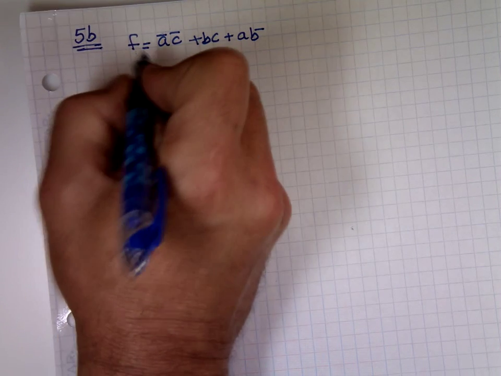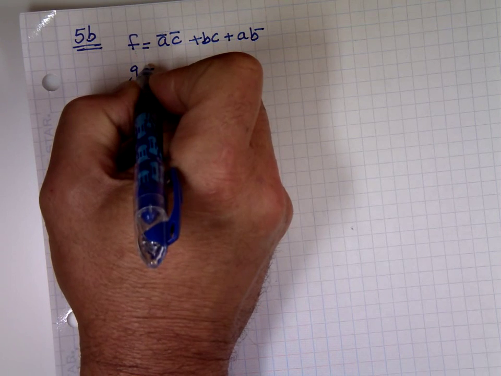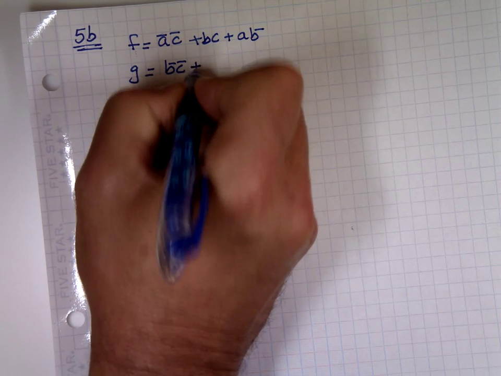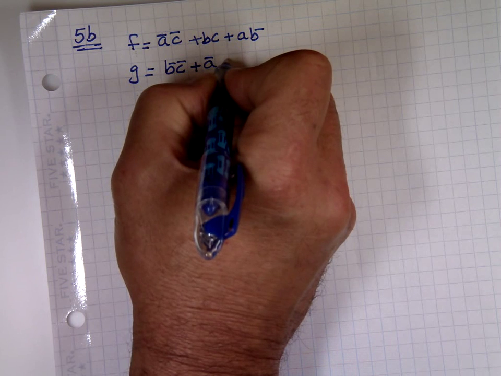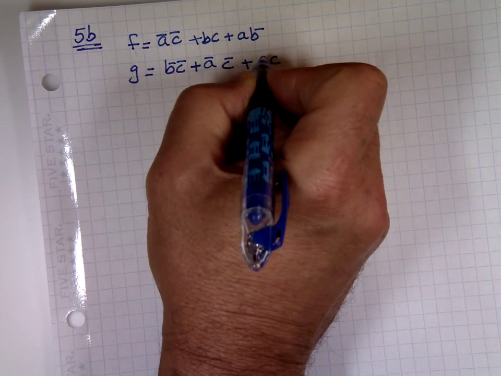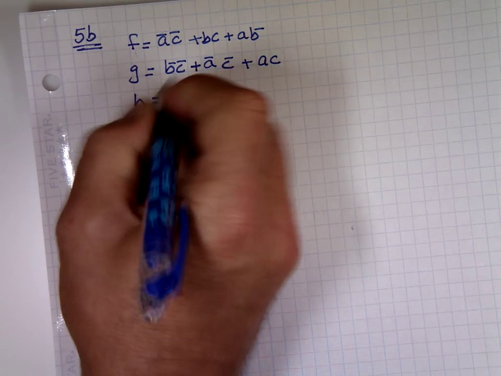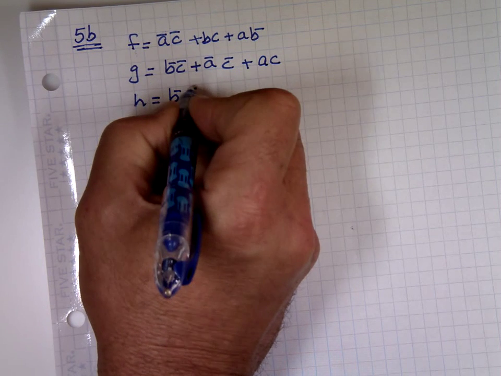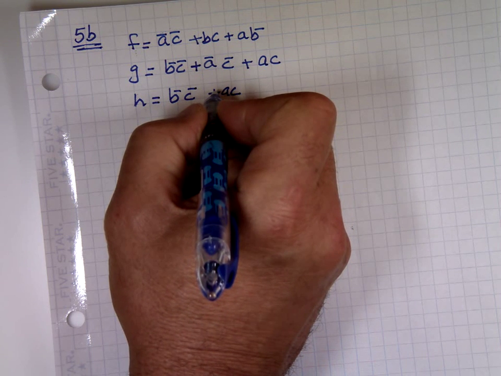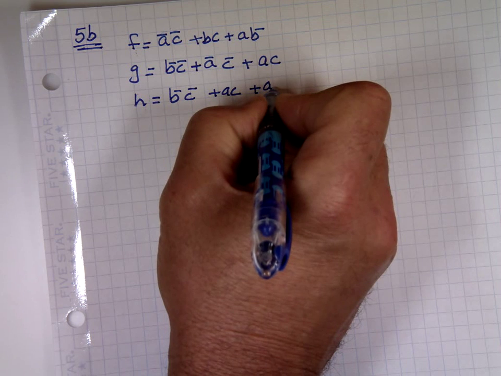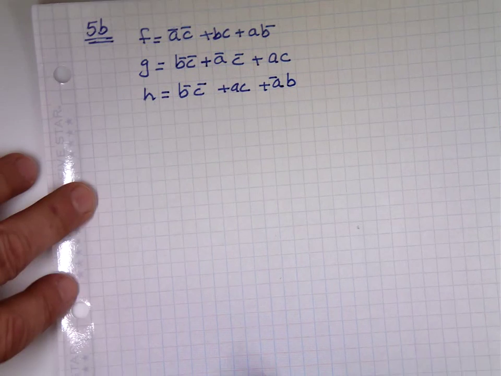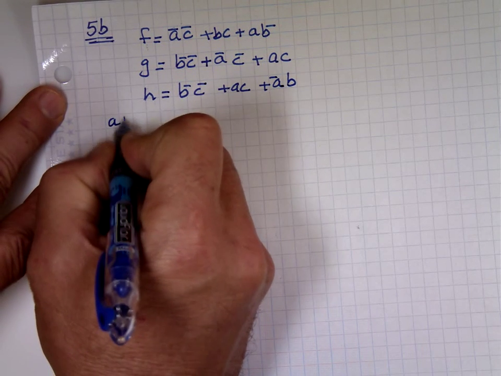G equals B bar C bar plus A bar C bar plus AC, and H equals B bar C bar plus AC plus A bar B. So I have 3 inputs, A, B, and C. These are my inputs, A, B, C.